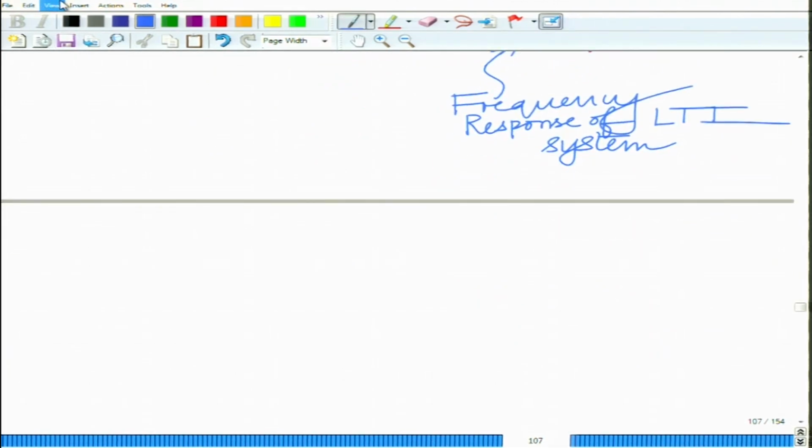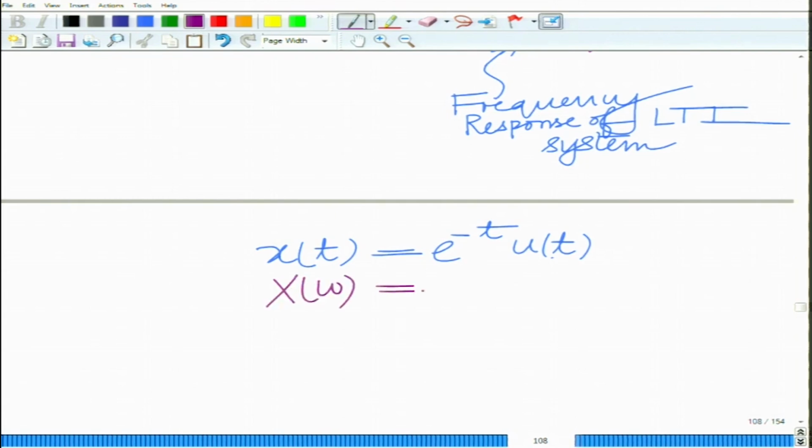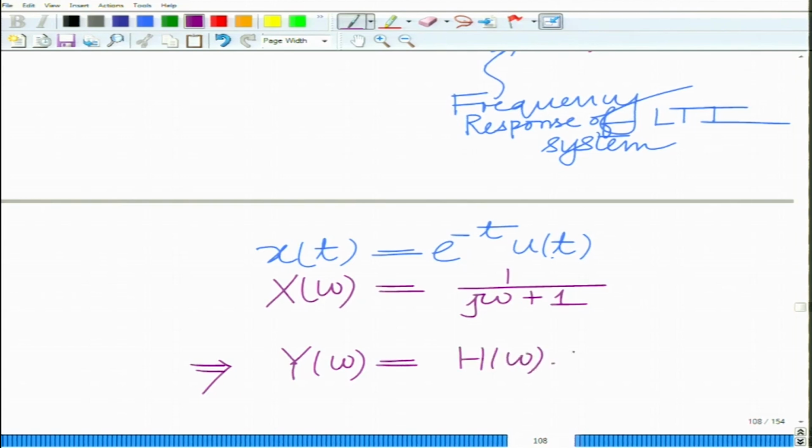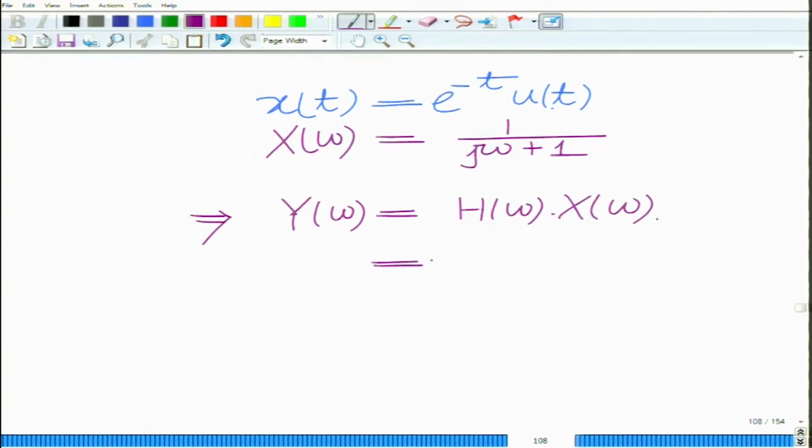Now, we have the given signal x(t) is e raised to minus t u(t), and X(omega) equals 1 over j omega plus 1, that is the Fourier transform of x(t), which implies that the output Y(omega) to this input is H(omega) times X(omega).